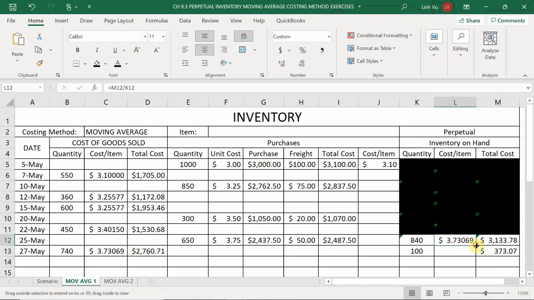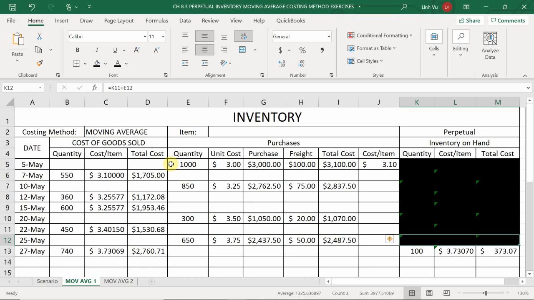And that's going to give me my average cost of $3.7307. Okay, so that one changed by 10,000th of a penny. And that is how I do moving average. Okay, easy enough.